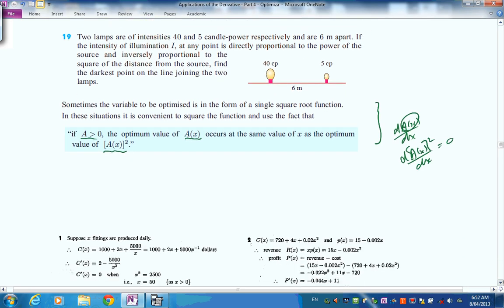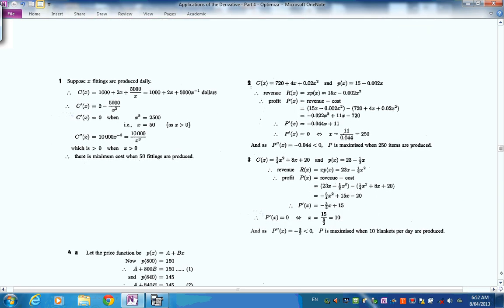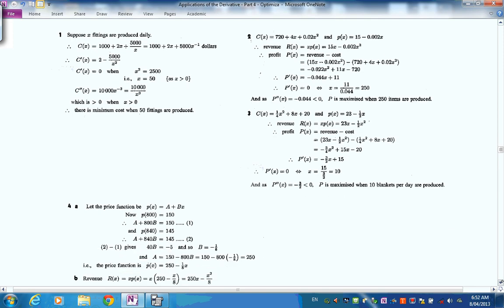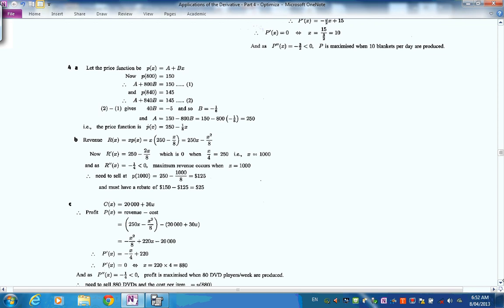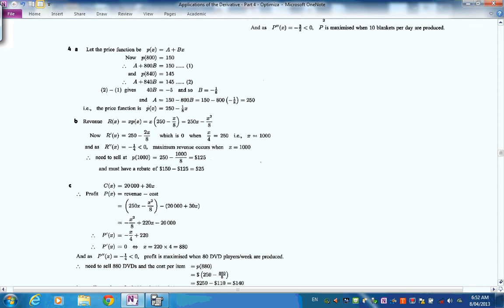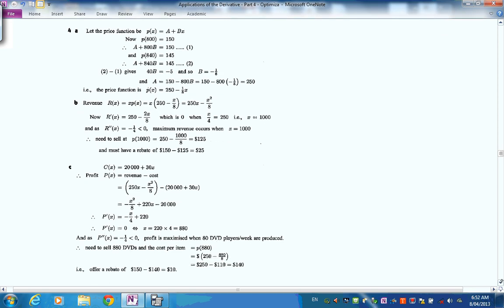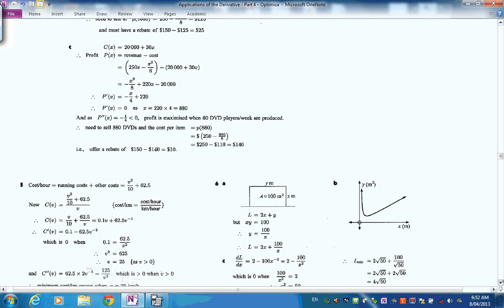Okay, so let's come down now and have a look at the solutions. 1 to 3. You come down to 4, a fairly long one. 5.